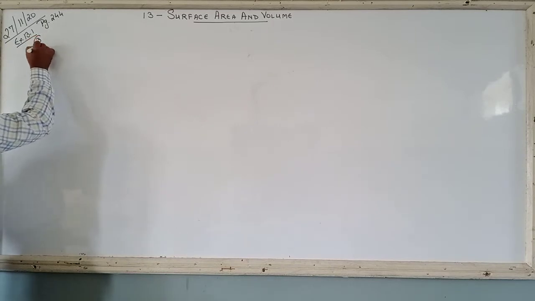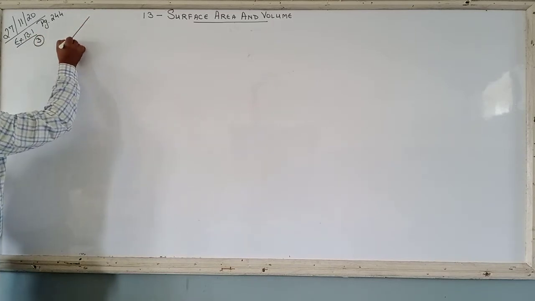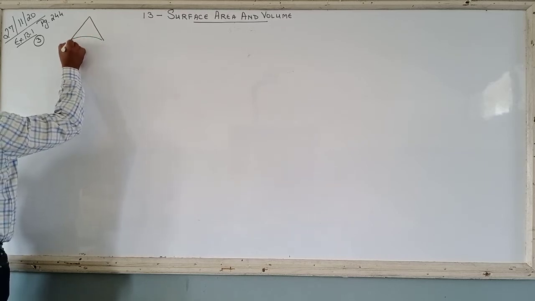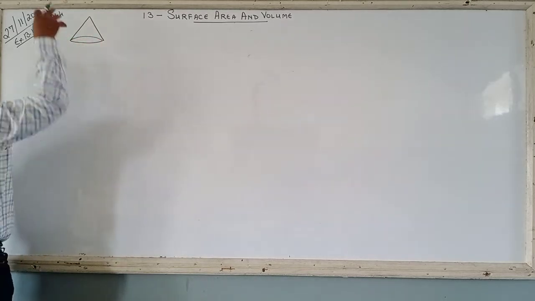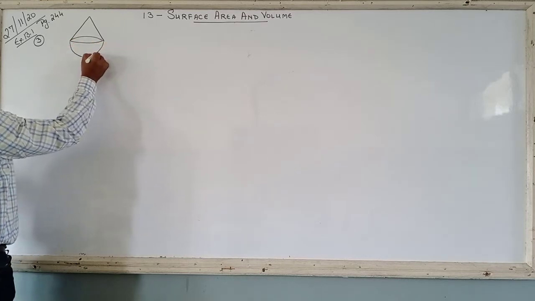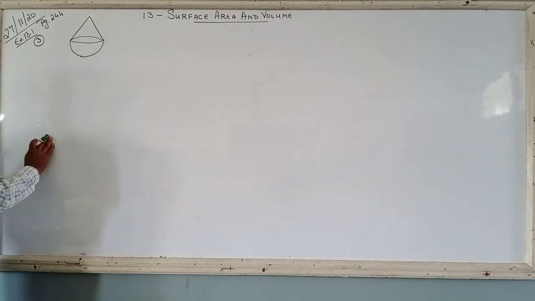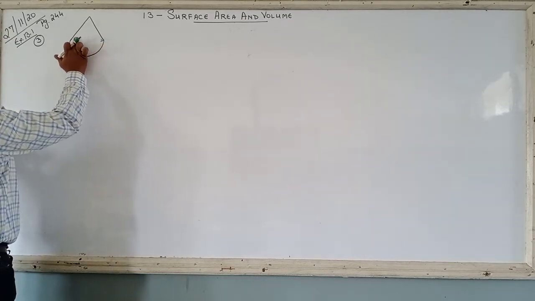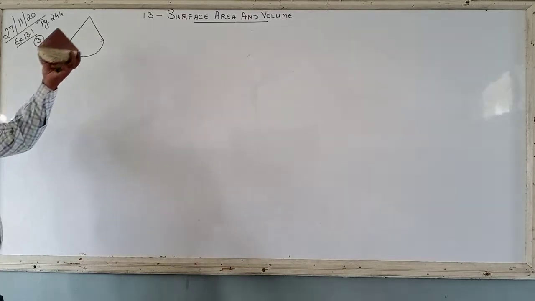Mounted on a hemisphere of same radius. This is a cone and this cone is mounted on a hemisphere. Correct? So if I remove this portion from between, you will be able to identify, check it out.